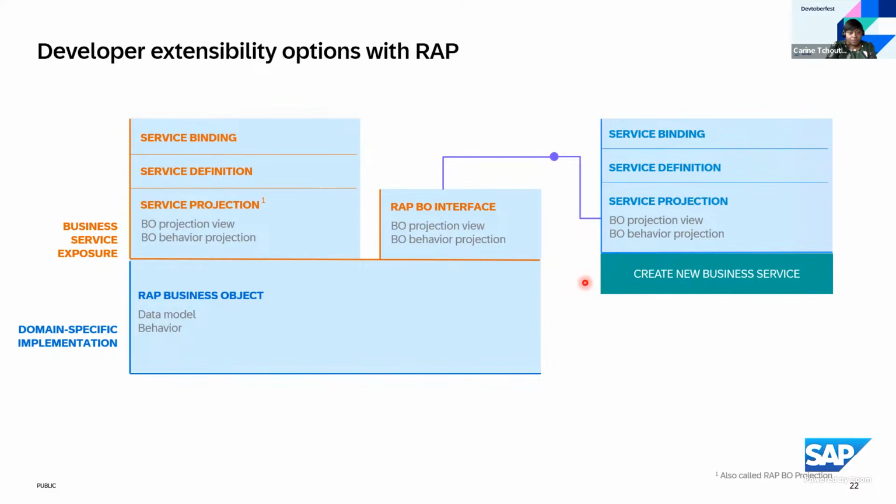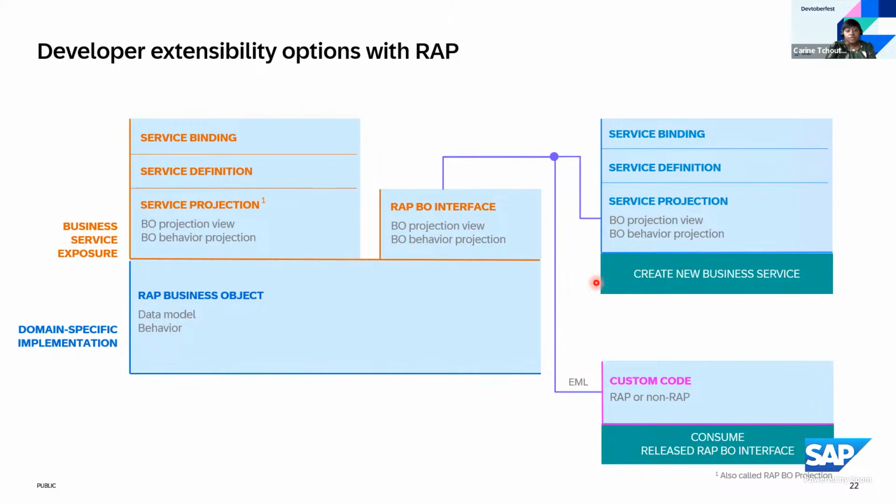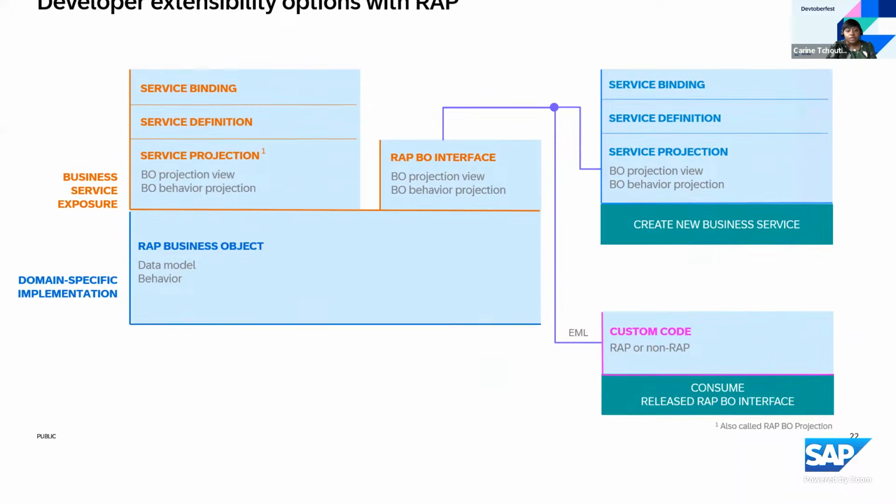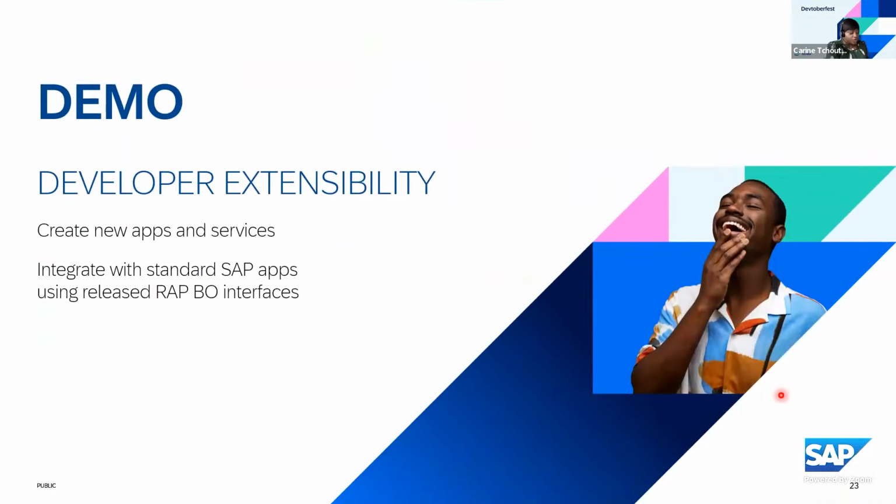Another scenario is that you build your own applications with RAP or other technologies, so it can also be non-RAP applications, and you consume the released business interfaces for the integration with the standard applications. And I would like to go to the system and give you a short demo on that, to make it more concrete.